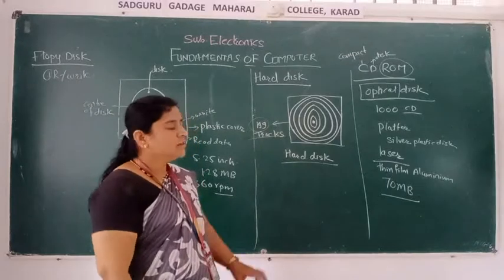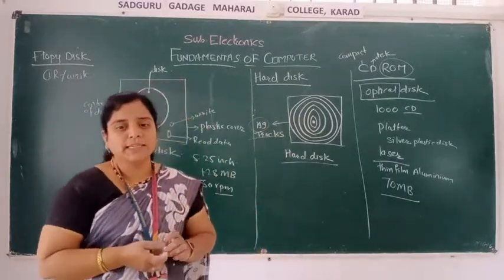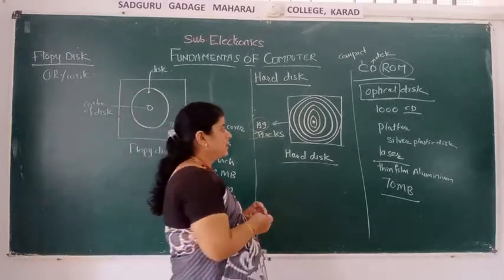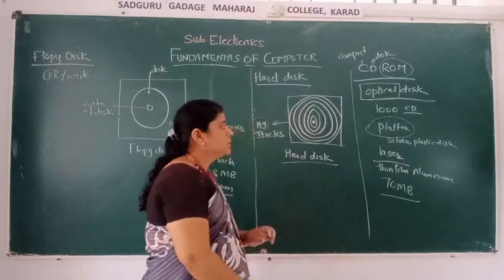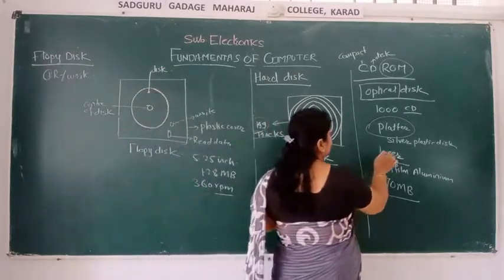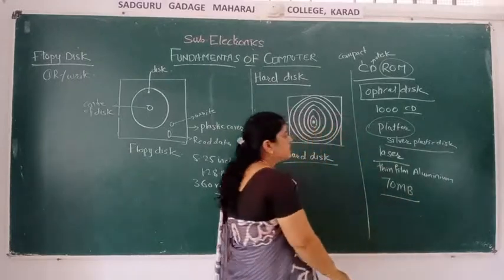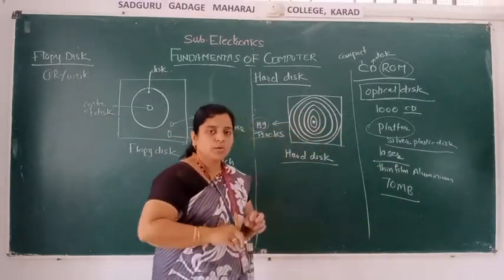So it is an optical disc, made of a plastic disc or platter. It is also covered with a plastic cover, and it is called a platter. That platter is covered with a silver plastic disc. Whatever data we store is stored using a laser.